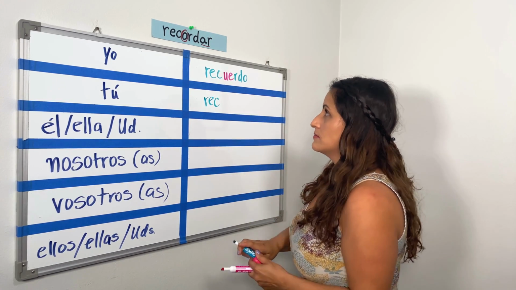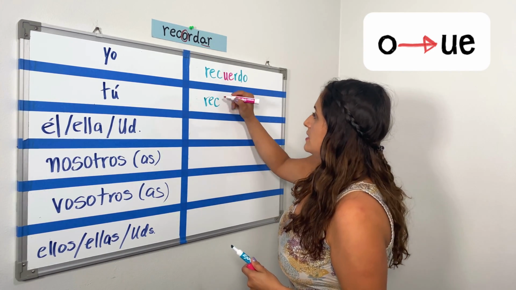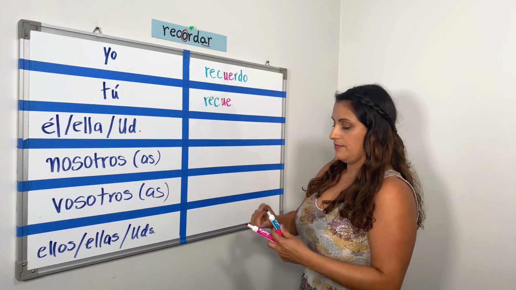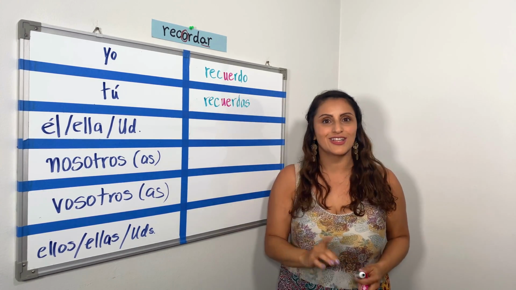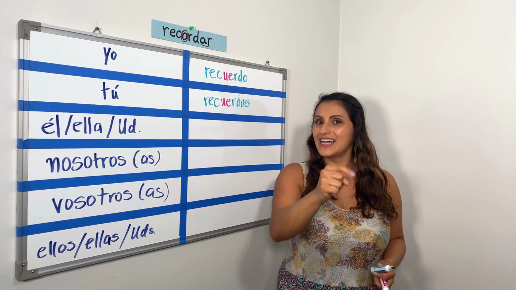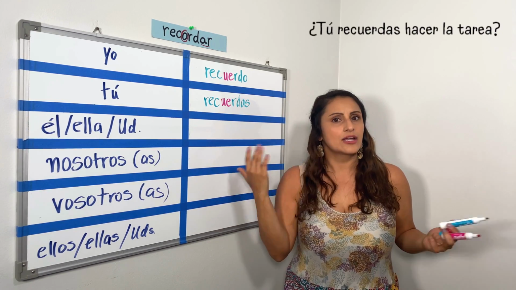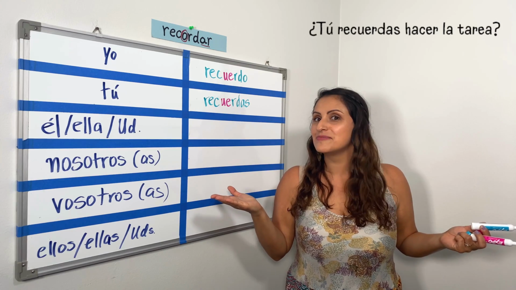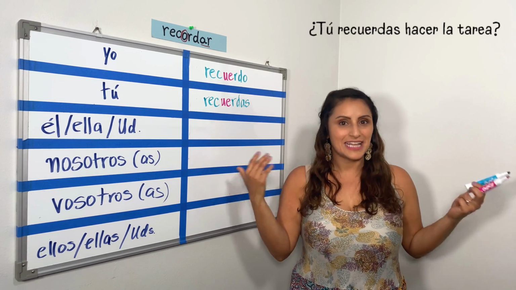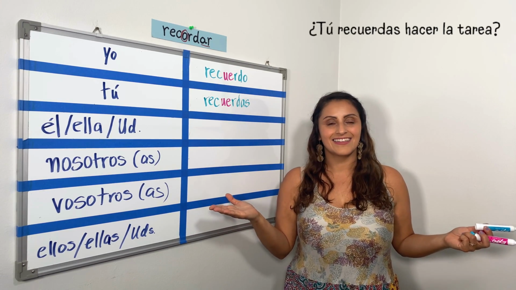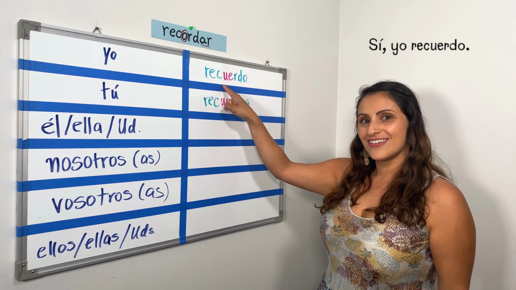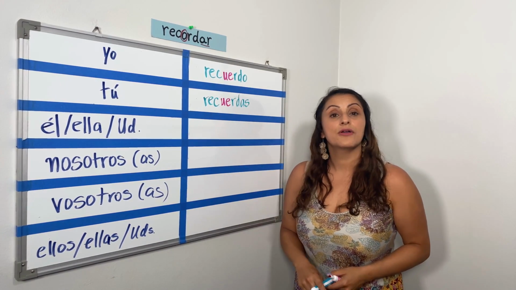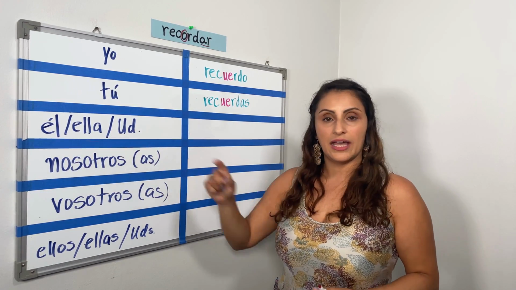And when we come up to the O, we change it to UE. And we finish it off like a regular AR verb. Tú recuerdas. ¿Tú recuerdas hacer la tarea? Sí, yo recuerdo.